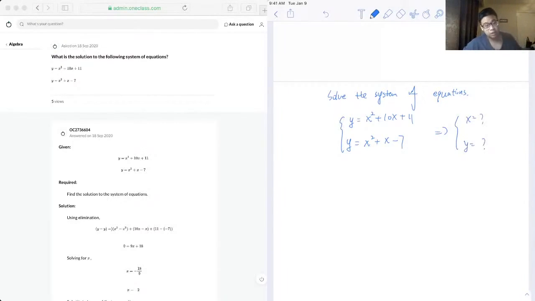Right. So whenever we come across questions like this, since we have two variables here, x and y, we always want to cancel one of them to figure out one variable first, and then we'll substitute back into the equation to figure out the other one.